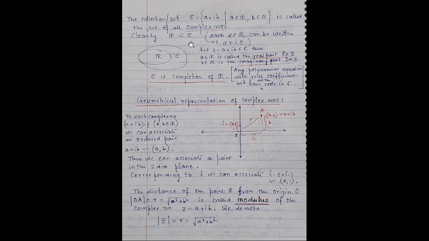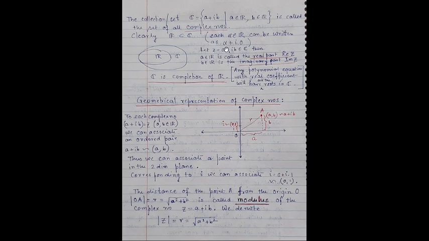You also have noted something, that real numbers are actually embedded inside the set of all complex numbers. How? Any real number alpha can be written as alpha plus i into 0. So this part doesn't appear with alpha, but it is hidden somewhere.